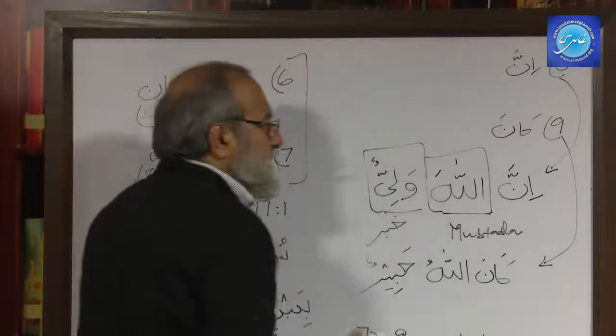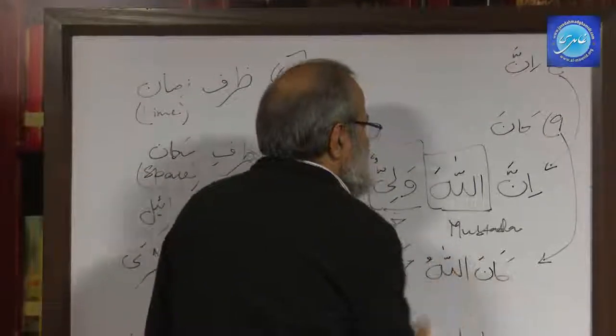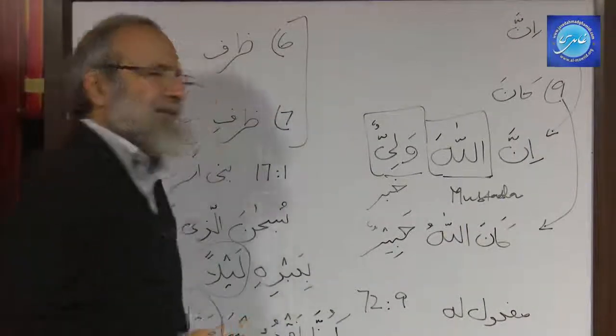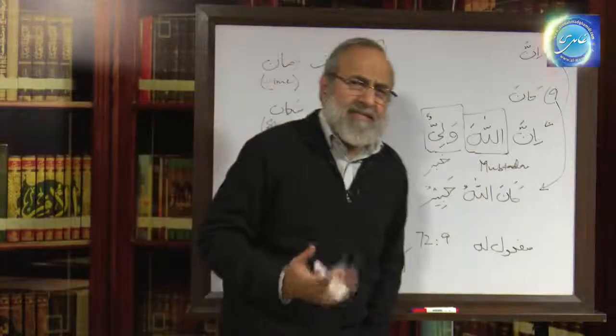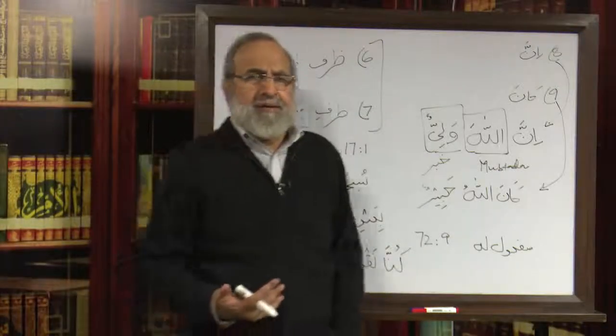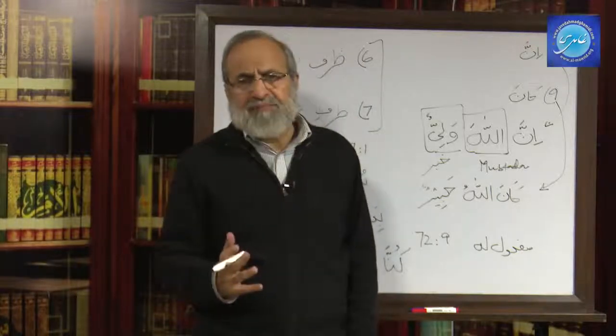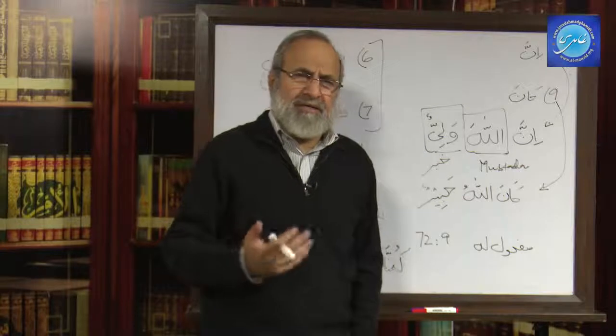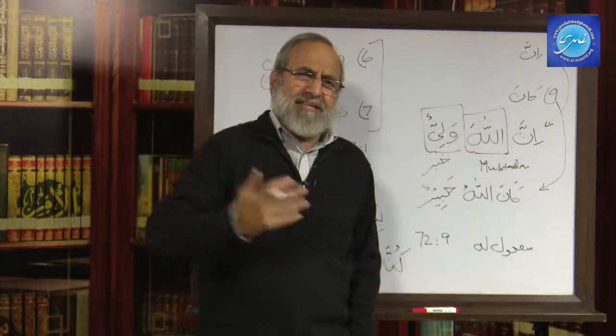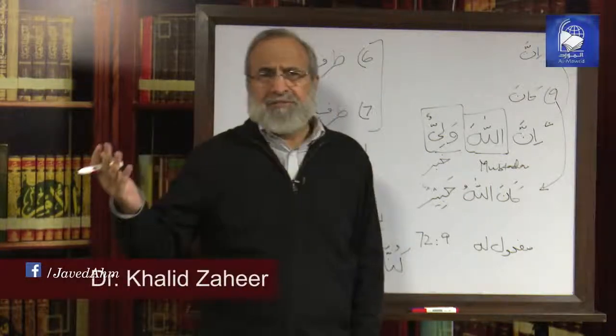Now what does kana do? Inna is normally emphasizing. Inna allaha waliyun would mean Allah indeed is wali, is a protecting friend. Kana adds different dimensions. Very frequently the meaning is taken in the past.